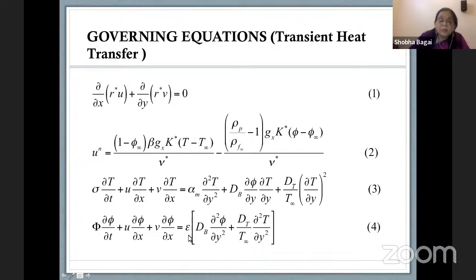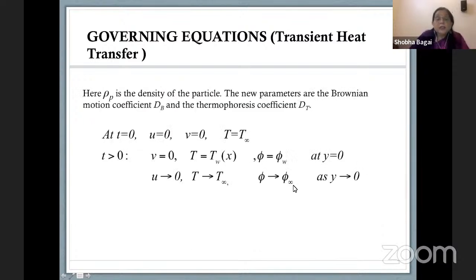Epsilon is your porosity. But we have two different parameters coming out over here, which are D subscript B and D subscript T. Now, these are introduced because of the two effects considered by Buongiorno, which are the Brownian diffusion or Brownian motion. So D subscript B is my Brownian motion coefficient, and D subscript T is my thermophoresis coefficient.